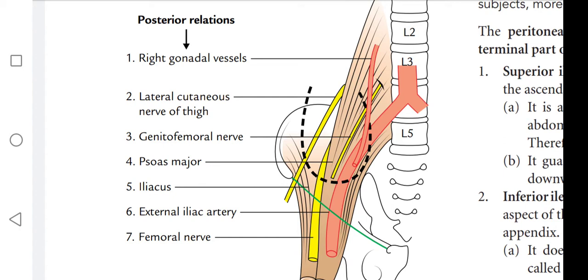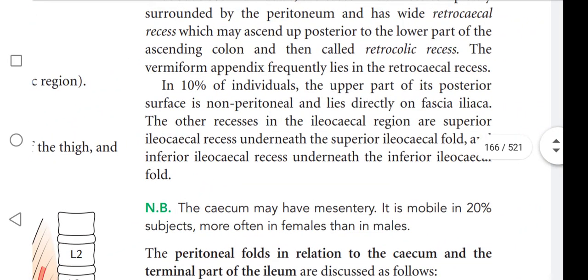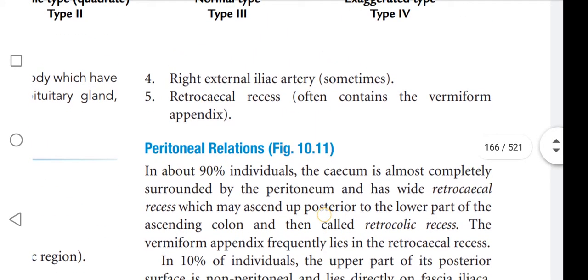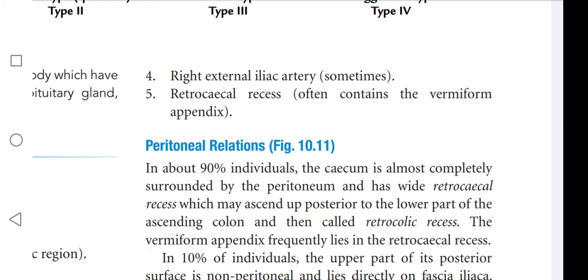These are the relations present posterior to the cecum. This external iliac artery may be present sometimes, and the vermiform appendix also may be present. The retrocecal recess often contains the vermiform appendix.